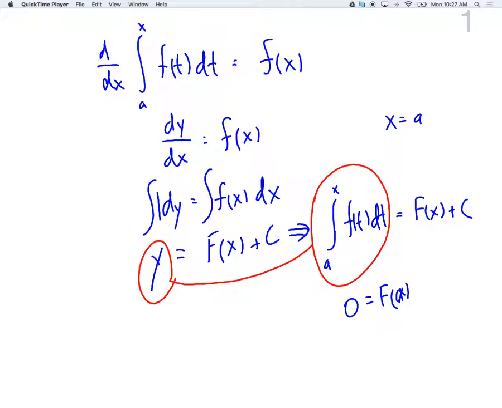That should be an a. Let me erase that. That should be a plus c. Okay so far? So what's c? Negative F of a.